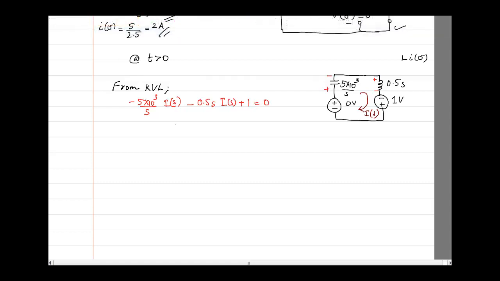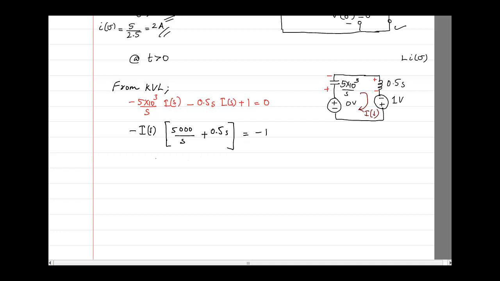So if I take I of s commonly, then I will get I of s multiplied with, let me take minus outside also, 5 into 10 raised to power 3 is 5000 divided by s plus 0.5 s is equal to minus 1.